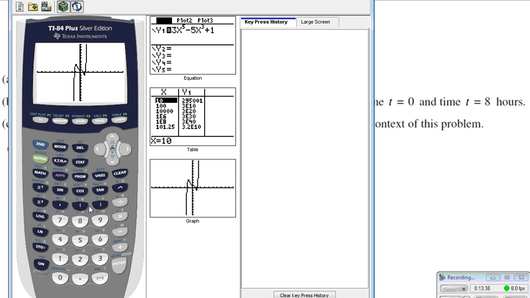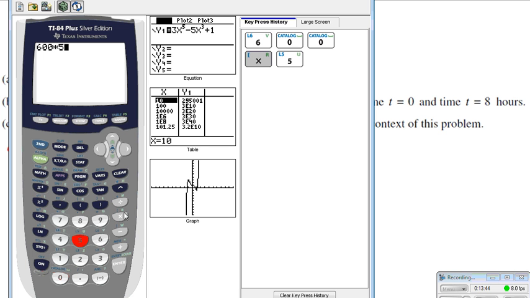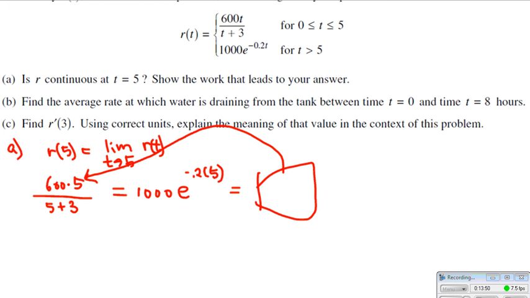So here we have 600 times 5 divided by 8, which is 375. That's what we get for the first one. But once you calculate this one, it will be 1000 divided by e, and you will realize that they're not equal to each other. So therefore, it is not continuous.